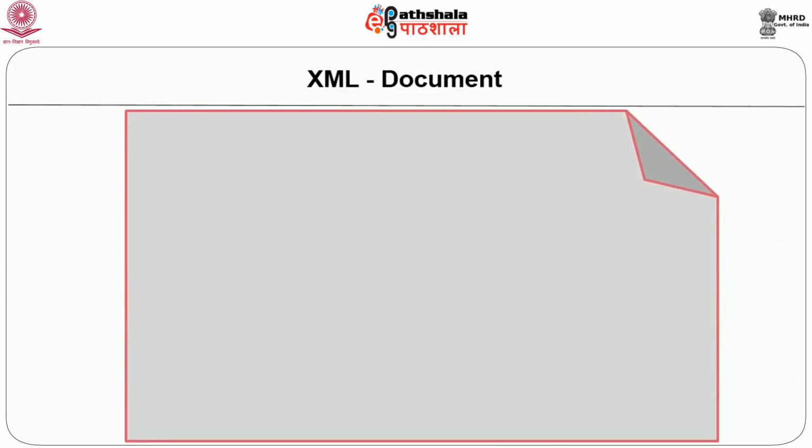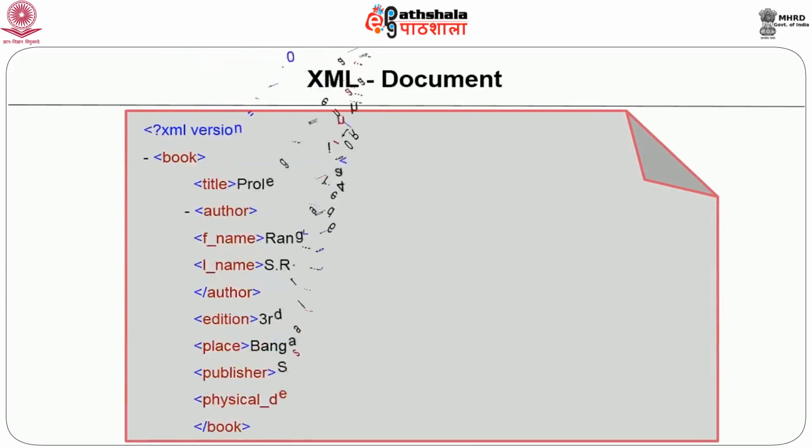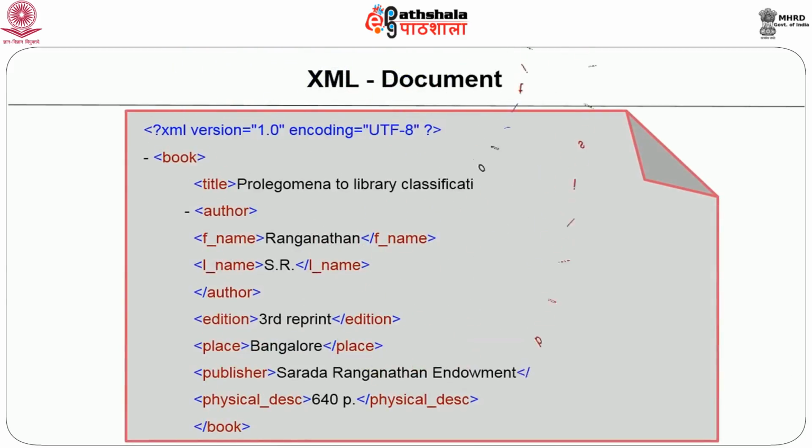Let us look at the example given here. Because we are from the library, I want to define a book. So a book will have title, author, first name, last name, then edition, place, publisher, then the physical description, how many pages, and so on. First I will tell that this is an XML document.